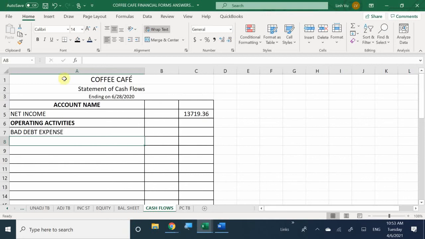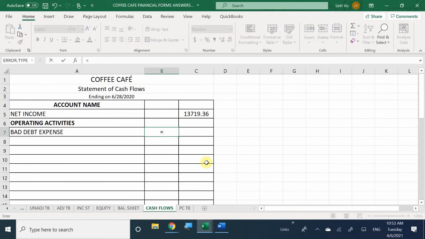So we're going to add it back to our pile of money, because this is money that we never collected. It was money that never existed, but we placed it in our books because of the accrual basis. We have to write off this invisible debt, so we're adding it back to our cash flows.